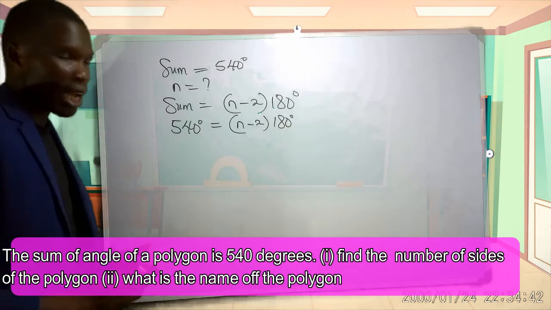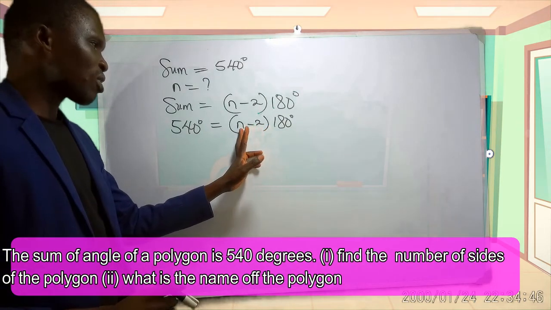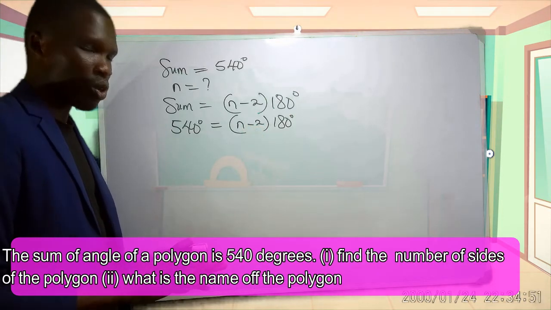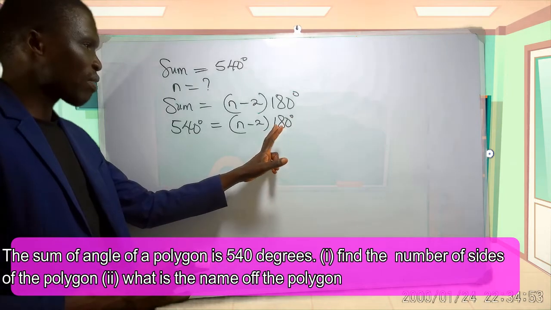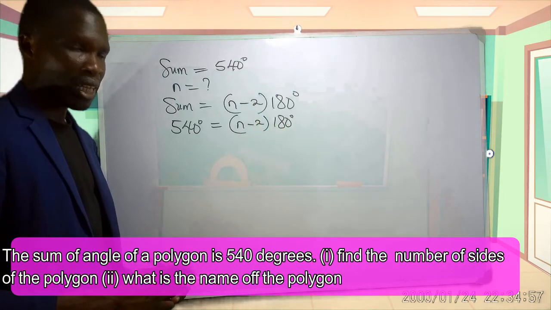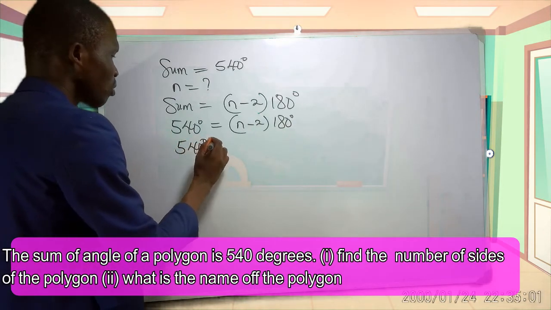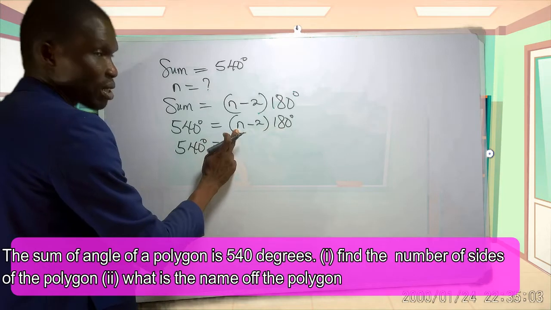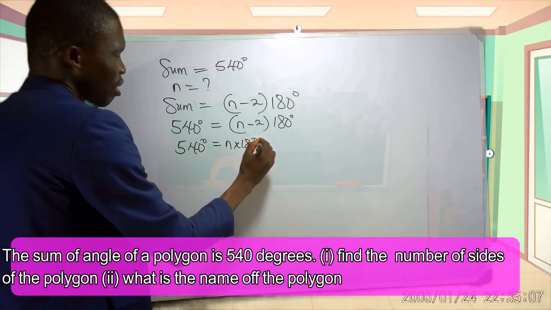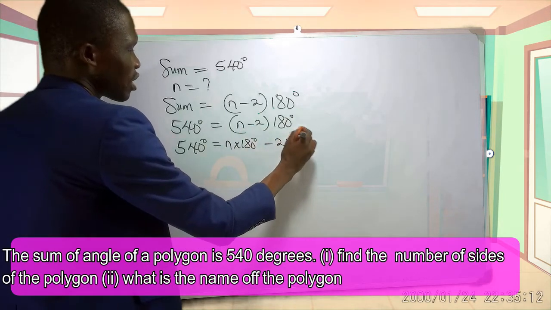Now, this n minus 2, you cannot say n minus 2 will give you 2n. No, it doesn't work like that. So the 180 we use to multiply what we have in the bracket. This will give us 540 degrees equals 180 times n, with minus 2 times 180 degrees.